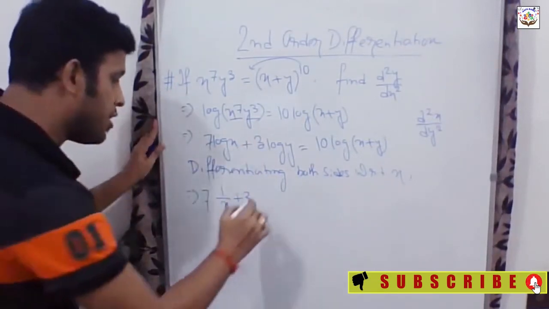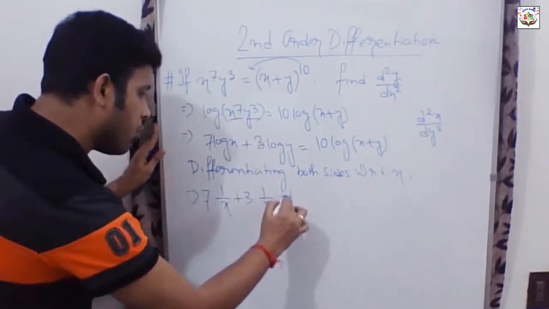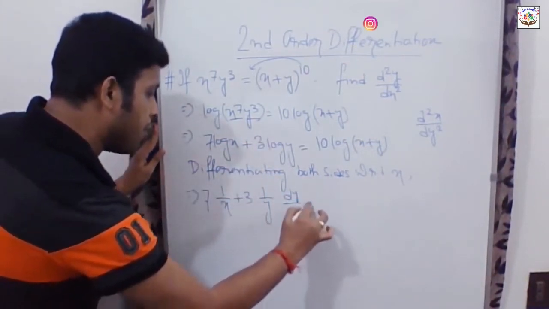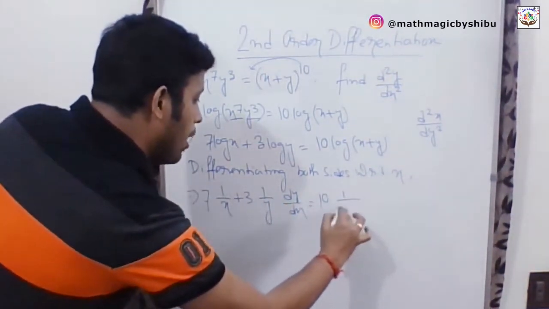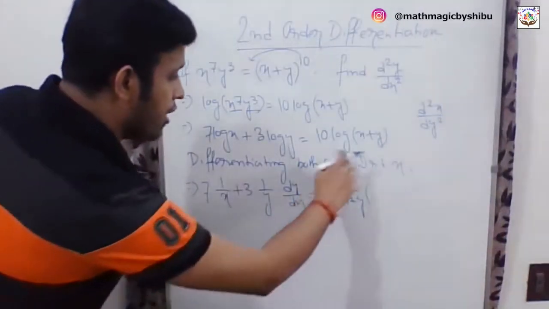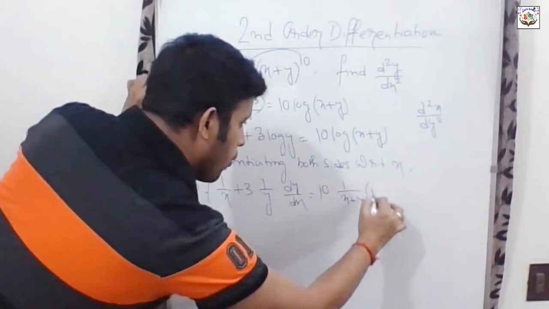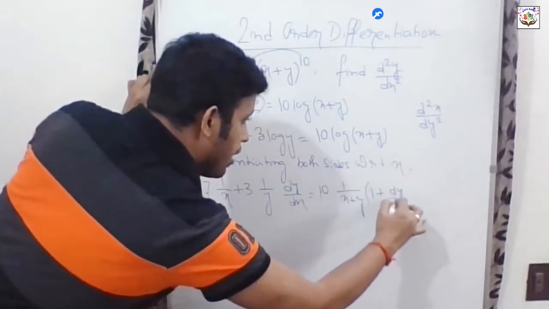For log y the differentiation is 1 by y. As it is y, we need to write dy dx again, equals 10 into 1 by x plus y, and the differentiation of x plus y would be 1 for x, and for y the differentiation is dy dx, right?